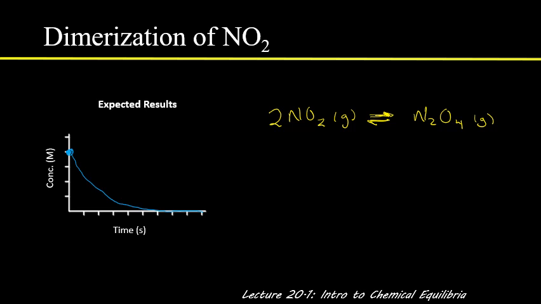Now, it takes 2 moles of NO2 to make 1 mole of N2O4, so the N2O4 would only get that high. Okay, that's what we would expect, right?